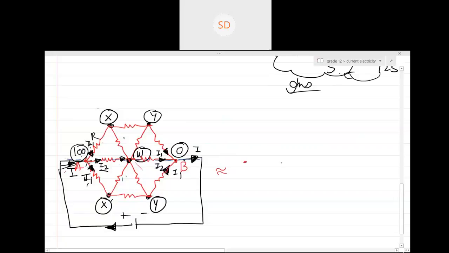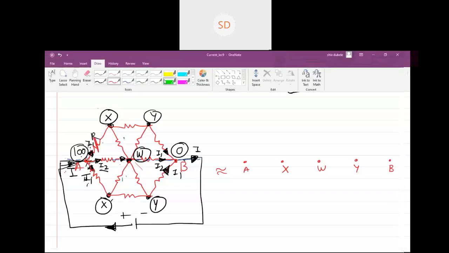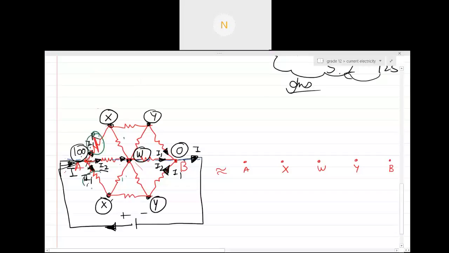I'll draw A, I'll draw X, I'll draw W, I'll draw Y, and I'll draw B. Can anyone tell me how many resistors are there between A, basically 100, and X? Can you see 100 and X? 1, 2. So two resistors with parallel connection.